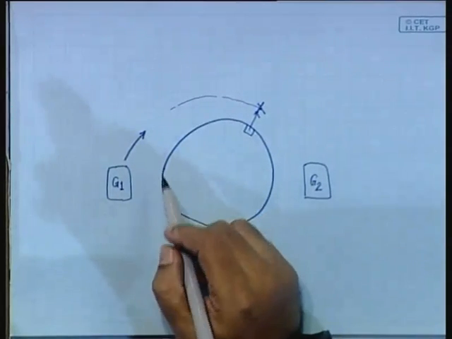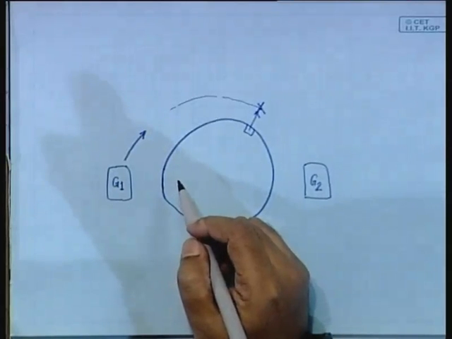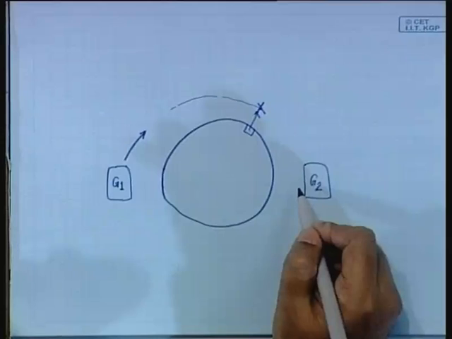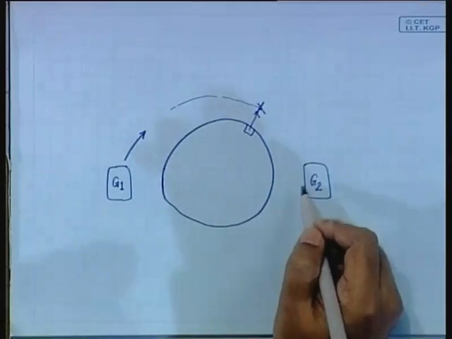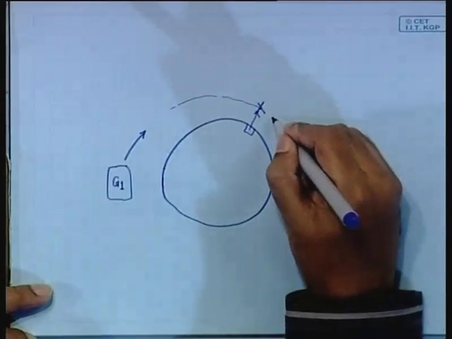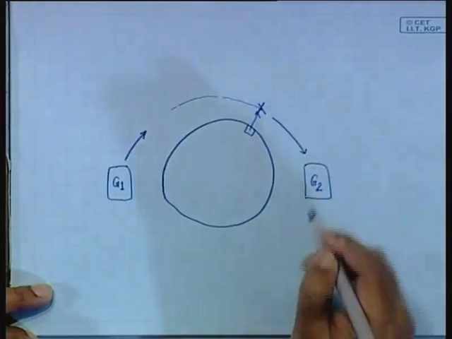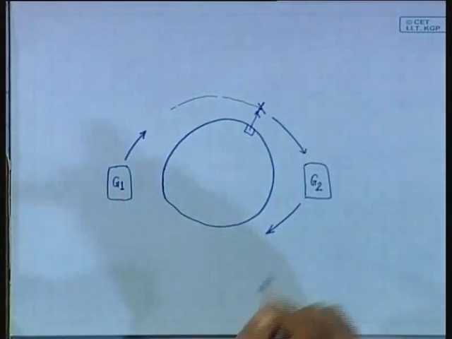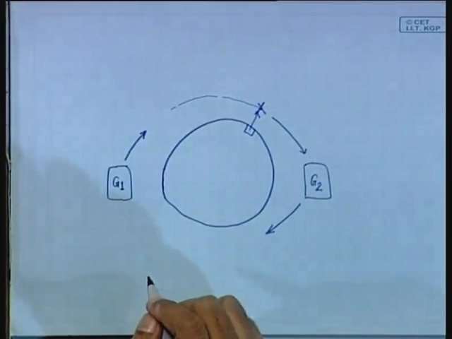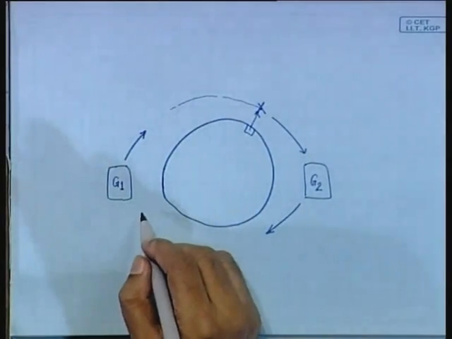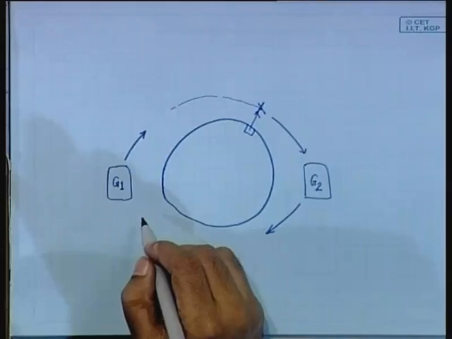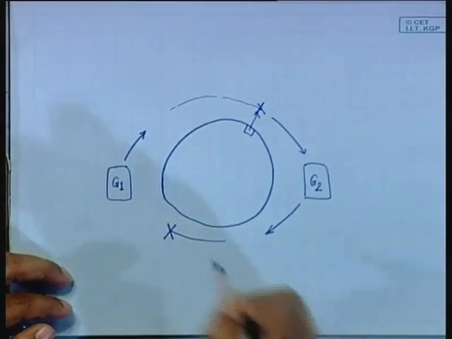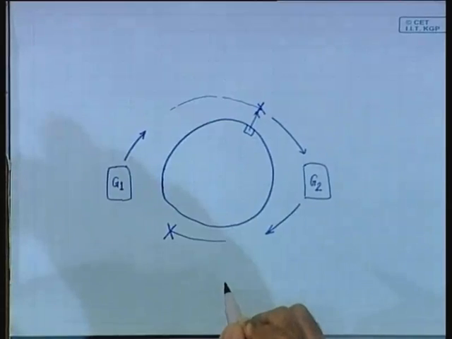So, what does G1 need? It needs an acknowledgement from G2 that yes, I got your message. Now, look at the problem. When the messenger reaches G2 and G2 sends an acknowledgement, G2 does not know whether this acknowledgement will reach G1. It could be that the acknowledgement messenger is killed.